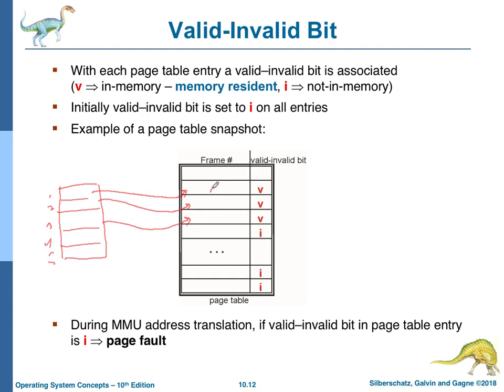So let's say maybe A, B and C are loaded into the main memory. It means that the valid bit indicates that this page is available in the main memory at some location. So these pages are available at some location.